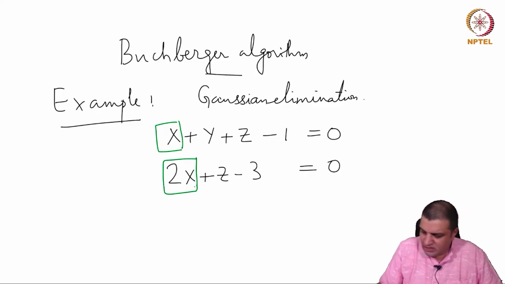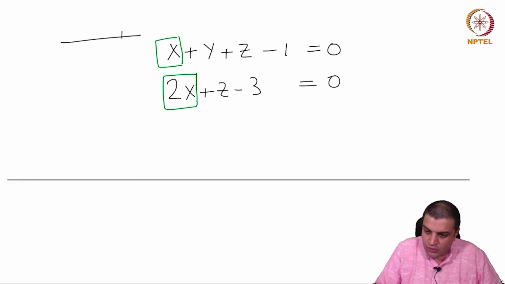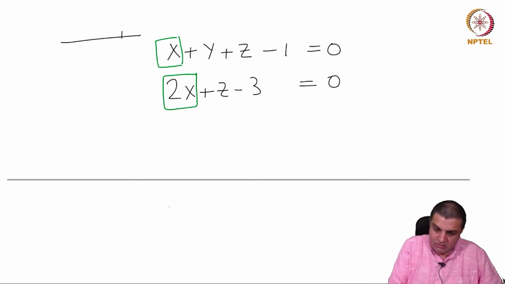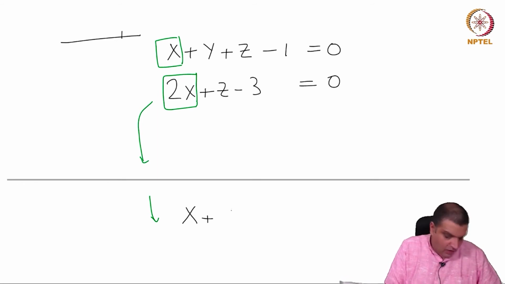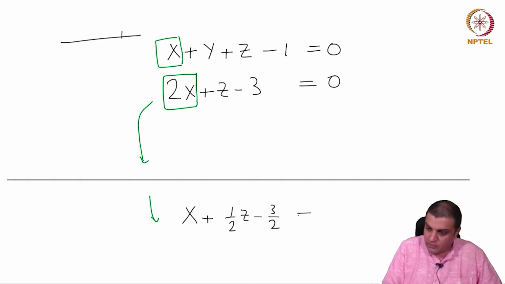Okay, so we would like to simplify these leading terms, just for convenience, we would like to make them all units, all 1. So let's rewrite this as x plus half z minus 3 halves is 0.